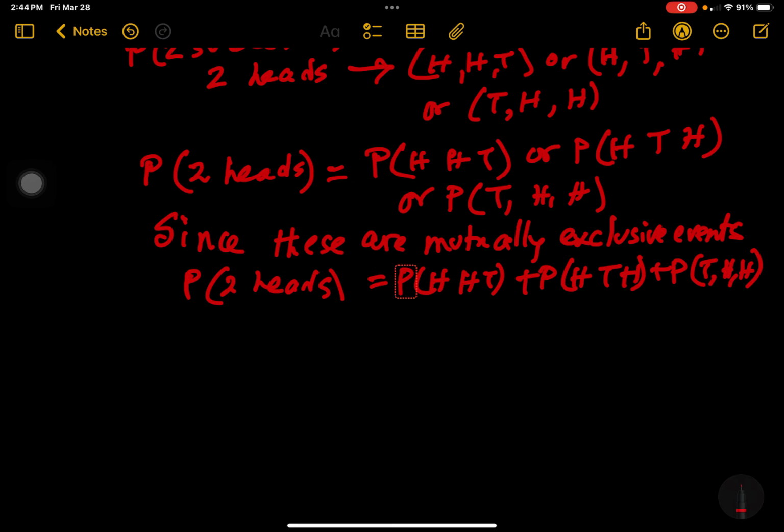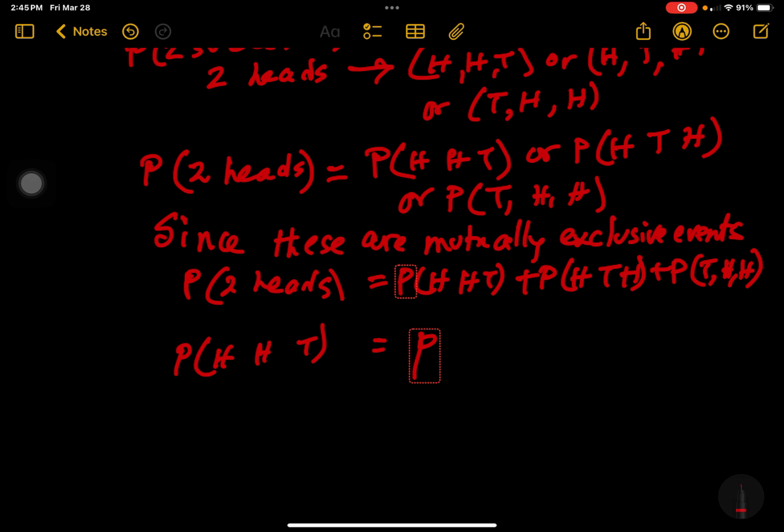Now let's look at the probability of head head tail. So here what do we have? We have the first one as head. So that probability is p. The second one is head also. Now again, these are independent events. So when the first toss is head, it does not influence what the second or third toss will be.